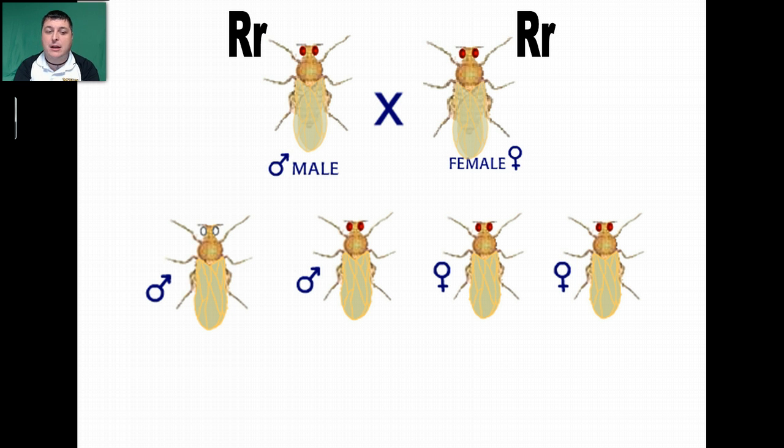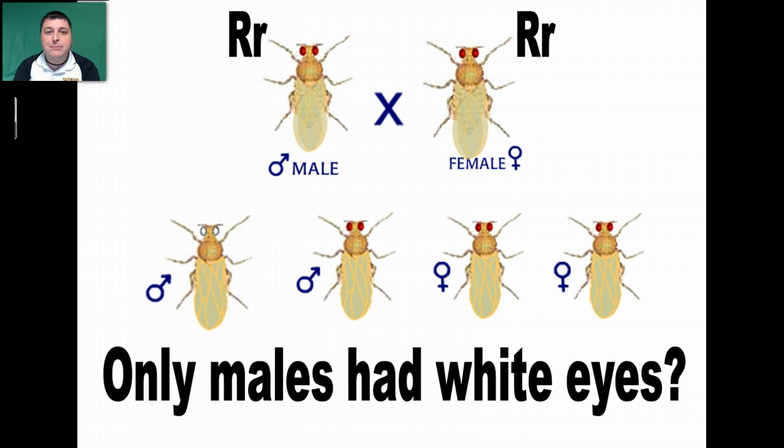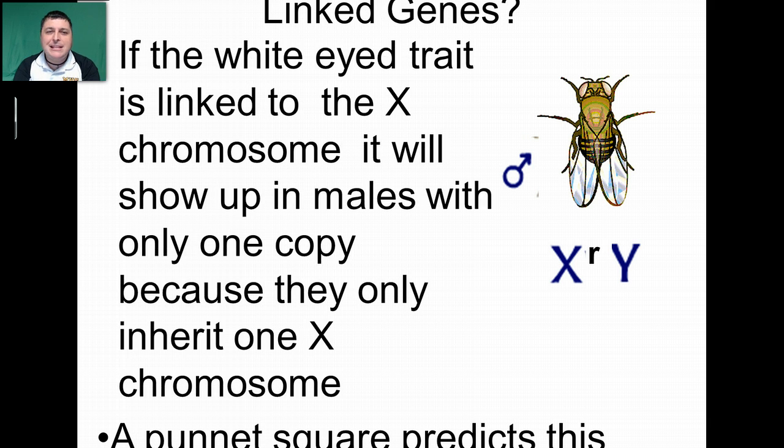But something interesting occurred. He only found males in this generation that had white eyes. So he had to think about that for a little bit to figure out what might be explaining that. His best explanation was that the white-eyed trait must be linked to the X chromosome.